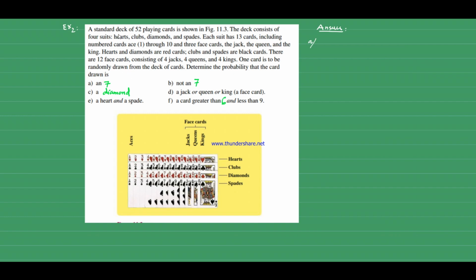They just say a standard card deck, and they didn't say how many times we draw number 7. So this one is definitely theoretical probability. All the information we have over here is the characteristics of the card, right?